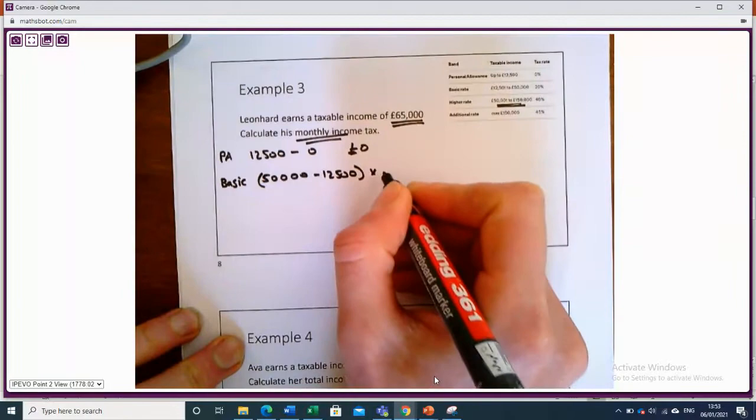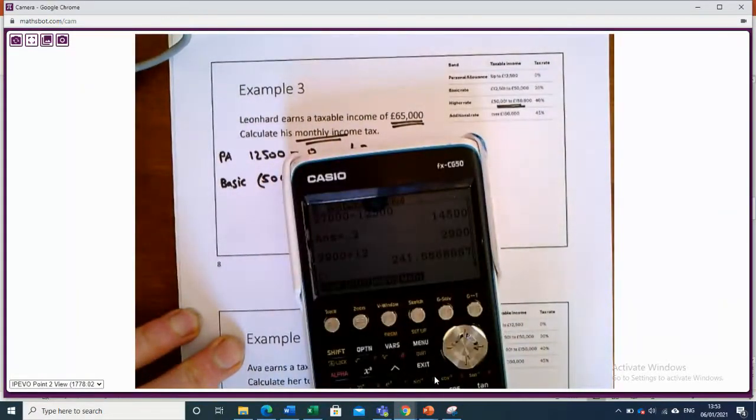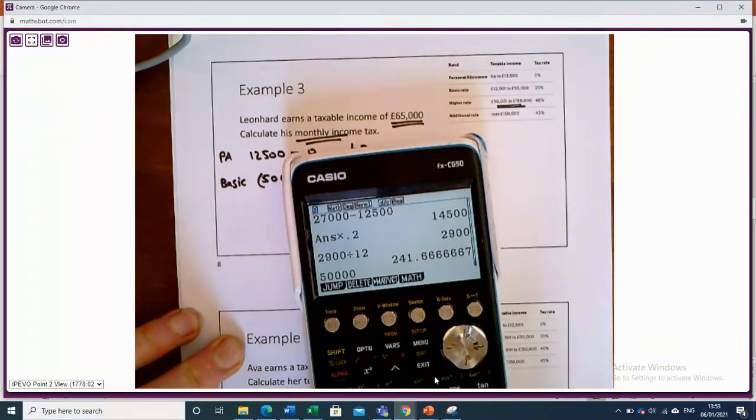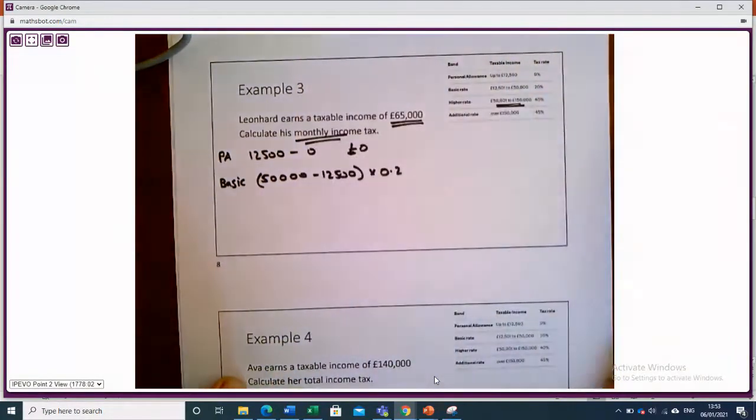So basic rate 0.2. So that's 37,500 that he pays 20% on, £7,500.